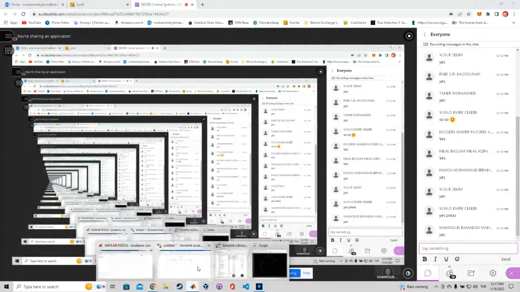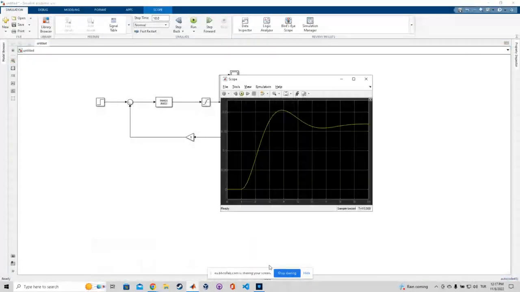Okay, let's go one more time for the settling time. Settling time is the time required for the response to reach the steady state, right? We reach the steady state around here, all right? And stay within the specific tolerance band.